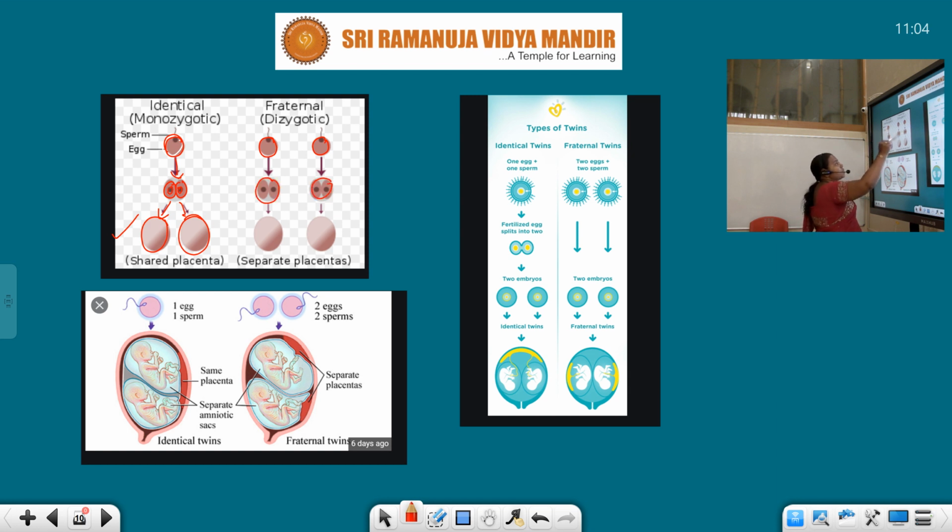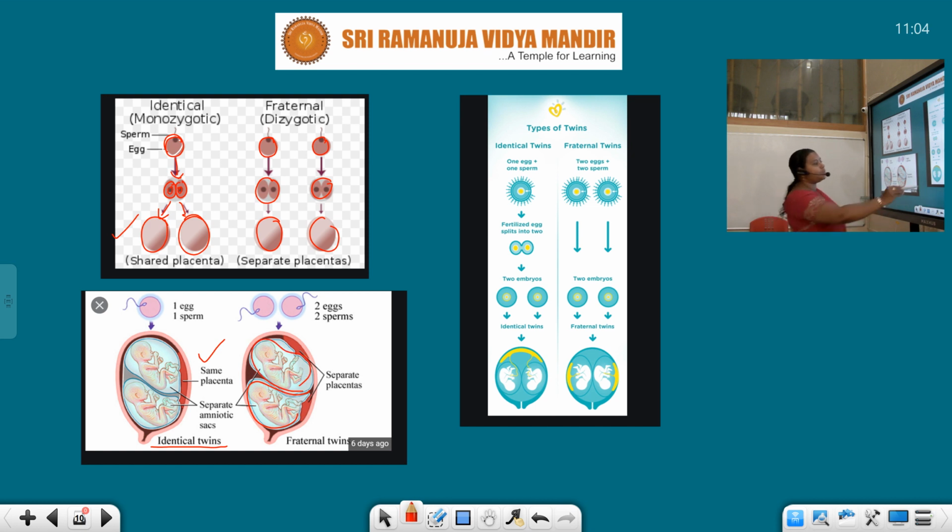So two embryos will be formed, and at last two different cells. See, identical twins simply share the same placenta, but they'll have separate amniotic fluids. And in the case of non-identical twins, they'll have different placentas.